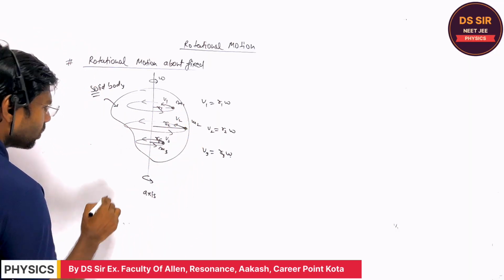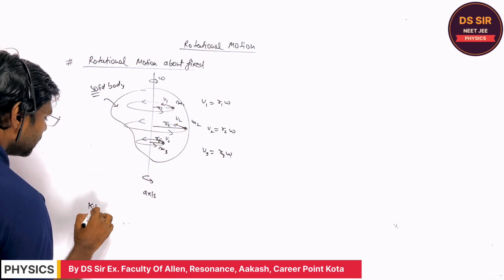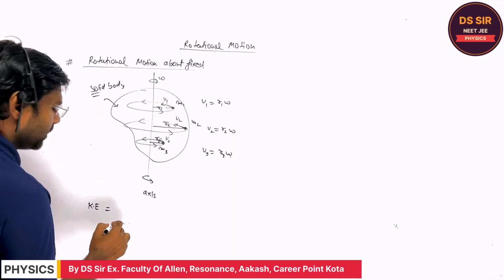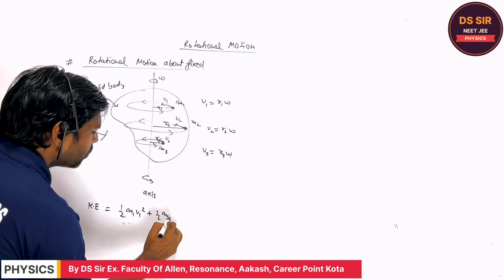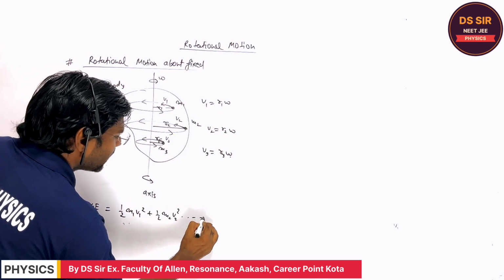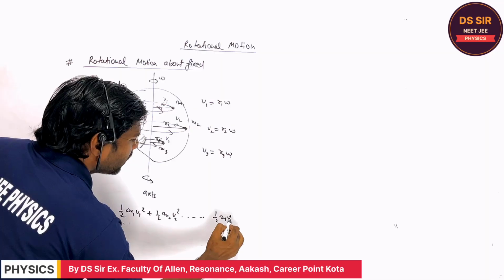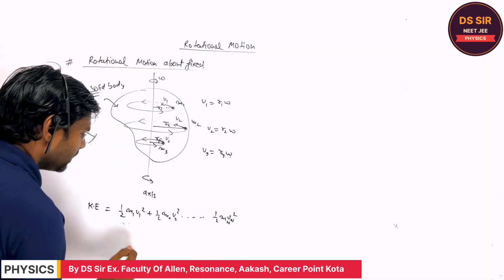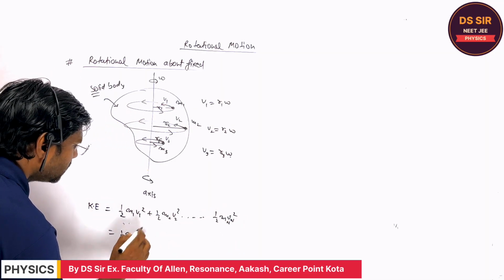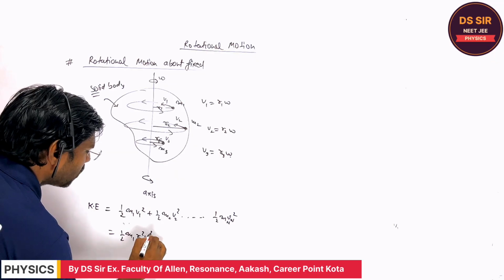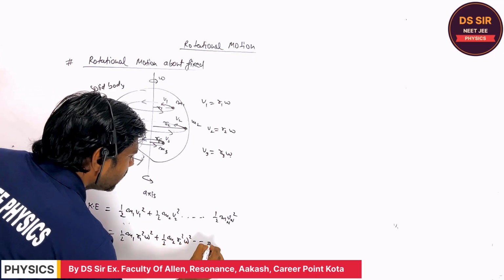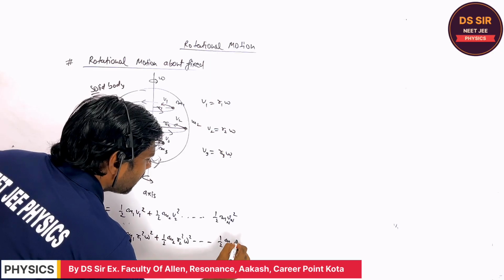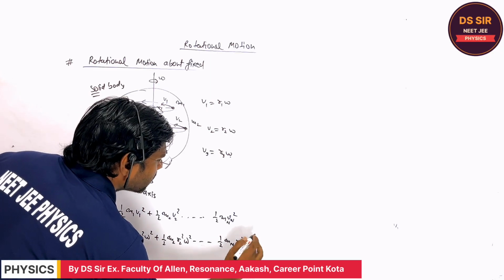If I want to write the kinetic energy of the whole body, it is half m1 v1 square, half m2 v2 square, and so on up to half mn vn square. Substituting v1 equal to r1 omega and so on, and taking half common, we get half times m1 r1 square plus m2 r2 square plus up to mn rn square, times omega square.